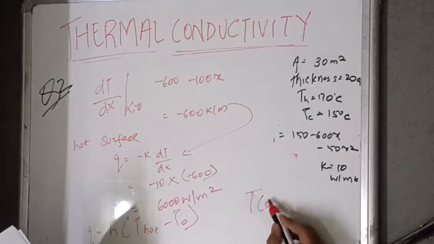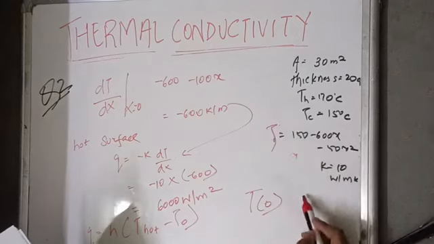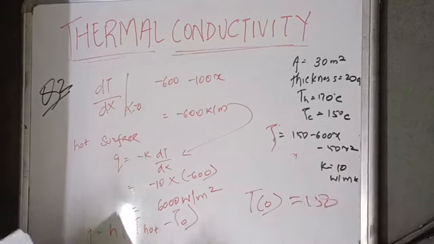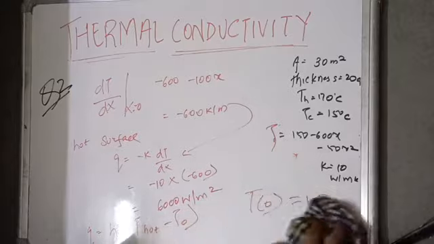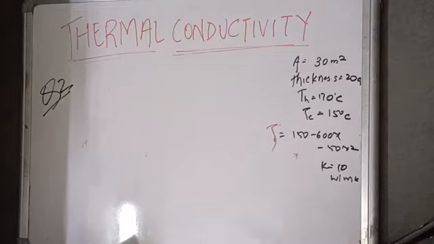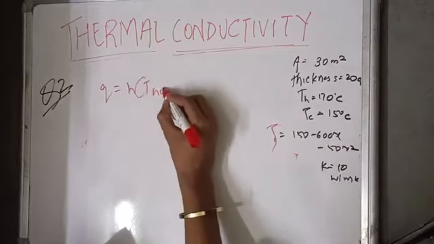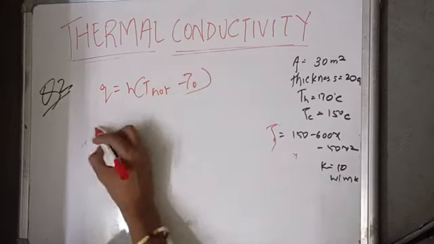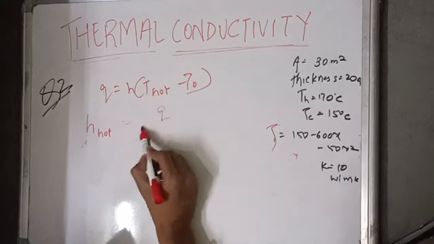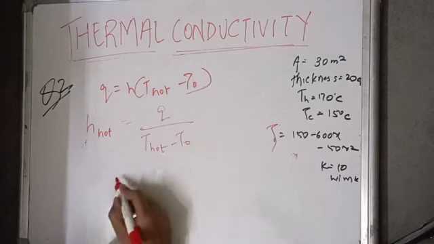Initial x is 0. So putting the value of x, we got the temperature as 150. Substitute the value. The heat transfer coefficient for the hot side will be Q upon T hot minus T naught.